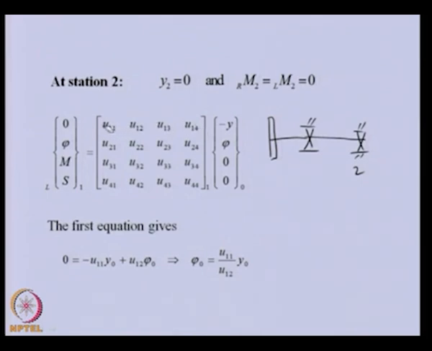We have taken the first equation because the left side has a known quantity 0; in the other equations we have unknown quantities. With this equation we can relate the angular displacement at station 0 and the linear displacement at station 0.